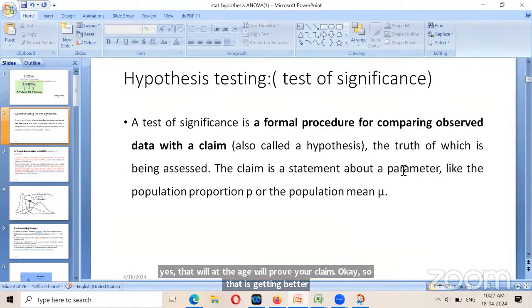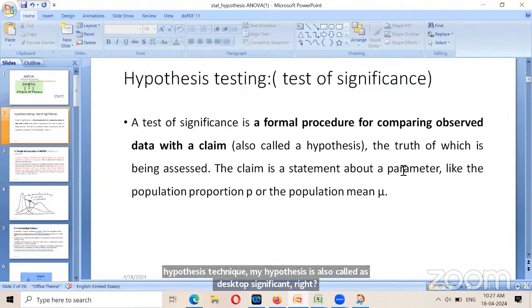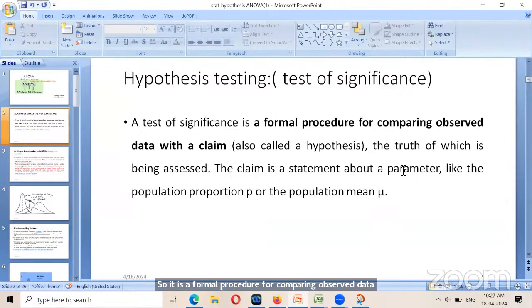So how is ANOVA related to this hypothesis technique? Hypothesis testing is also called a test of significance, right? It is a formal procedure for comparing observed data with the claim. Analysis of variance is a hypothesis testing procedure used to evaluate differences between two or more samples.